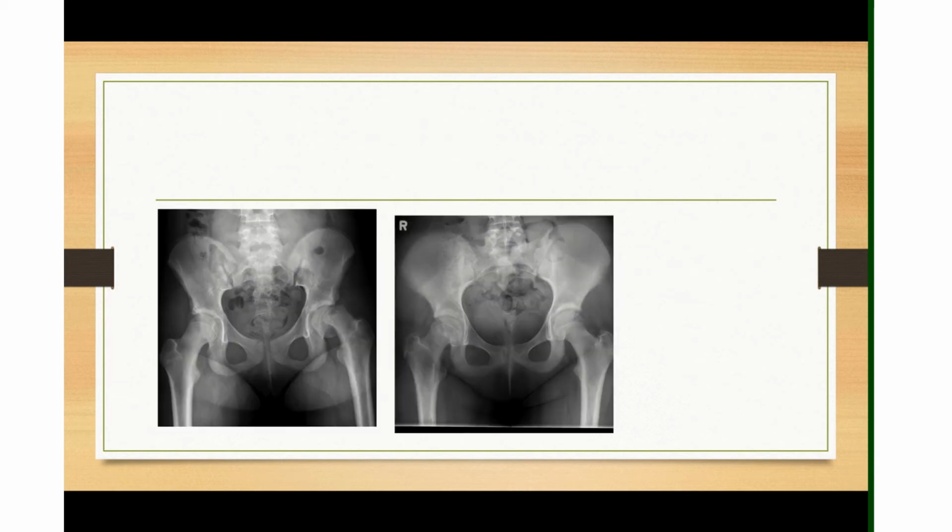So again we go back to the picture. In Wilson's method, we assess the severity of the epiphysis slippage with respect to the width of the metaphysis. So this is the width of the metaphysis and we assess how much of the epiphysis is slipped with respect to the width. Okay.